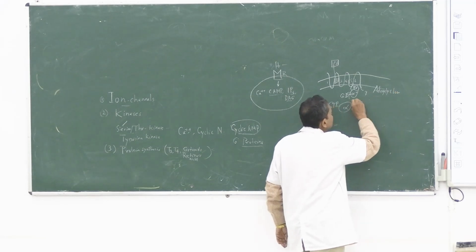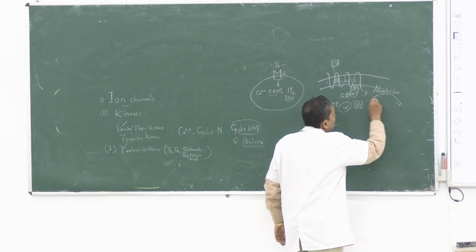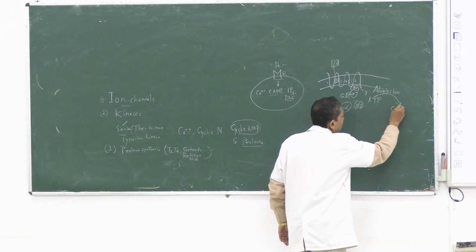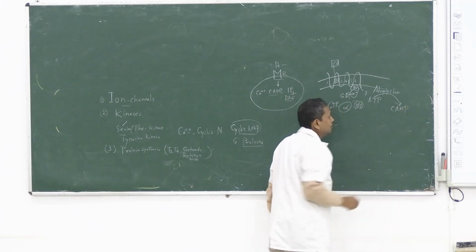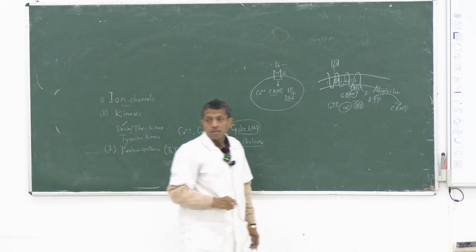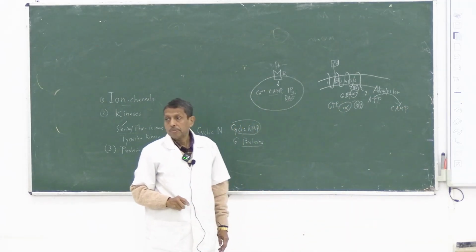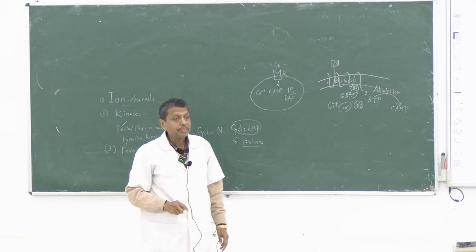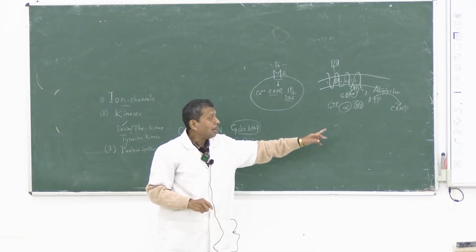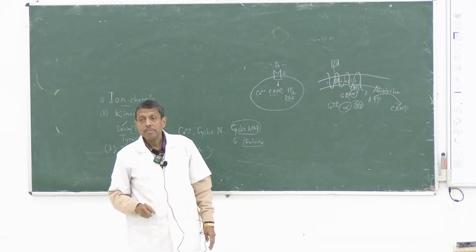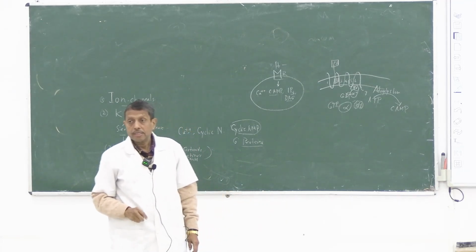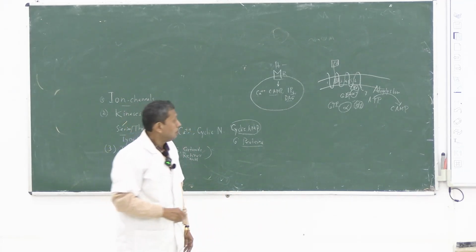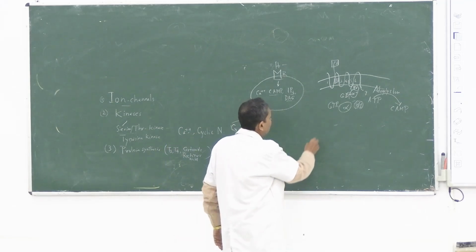by means of which it causes the conversion of ATP to cyclic AMP, adenosine triphosphate to the 3' 5' cyclic form. Clear? 3' 5'.